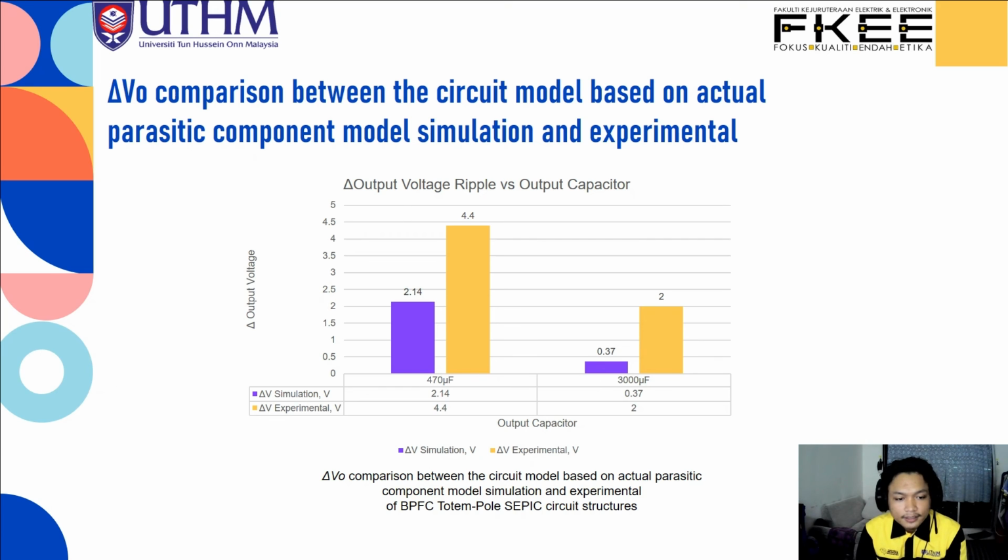As you can see, the ripple for 470 microfarad is lower in the simulation than in the experimental. For 3000 microfarad, the simulation gives 0.37 and the experimental gives 2. So we can conclude that the higher the output capacitor, the lower the output voltage ripple for this circuit.